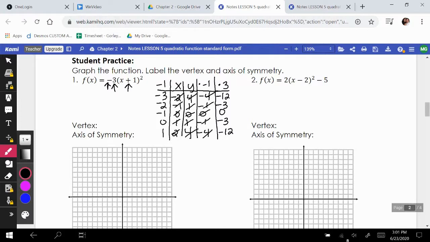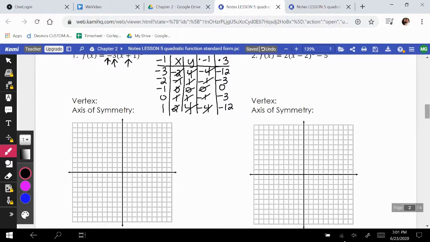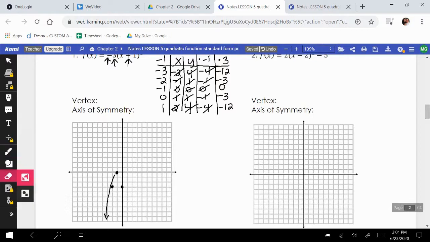Okay, so let's go ahead and graph those points. -3, -12 will go a little bit off my graph. We have -2, -3. We have -1, 0. And we have 0, -3. And then again, 1, -12 will go off my graph. Okay, so that's an idea of what that function looks like.